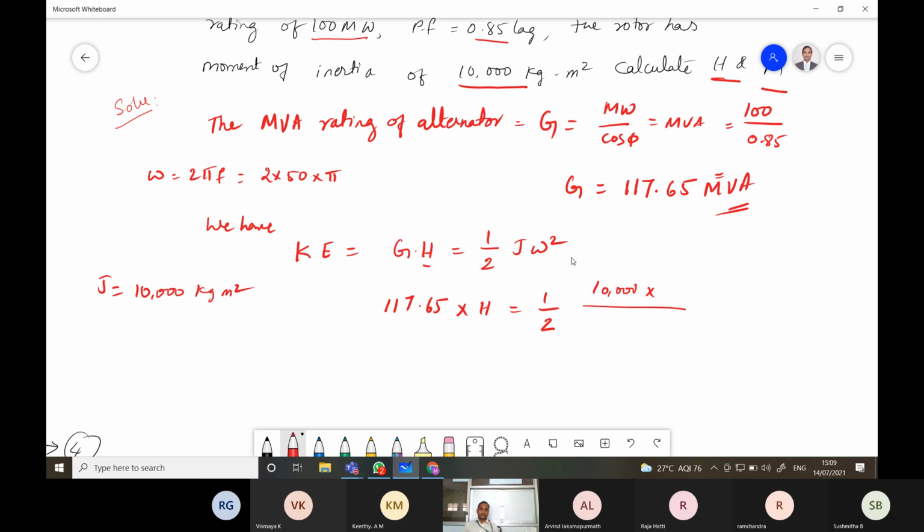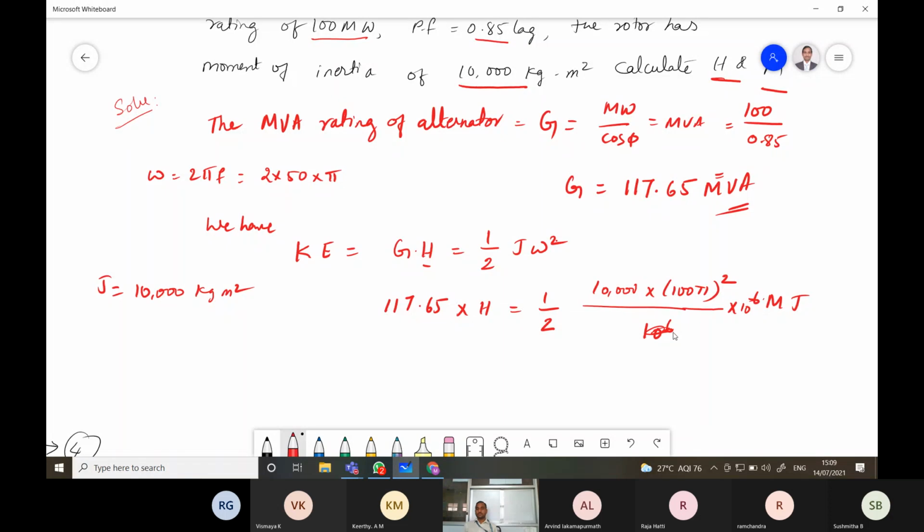So this omega square is there. 2 into 50 is 100 pi, so 100 pi square is there, divided by 10 raised to 6. It is called megajoule, or multiplied by 10 raised to minus 6, whatever you can write.